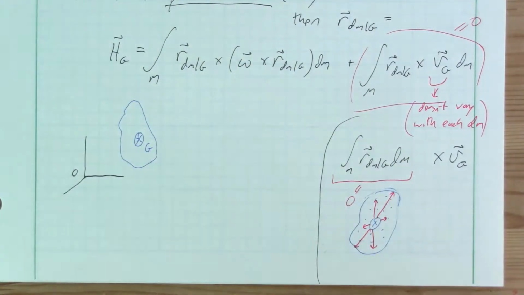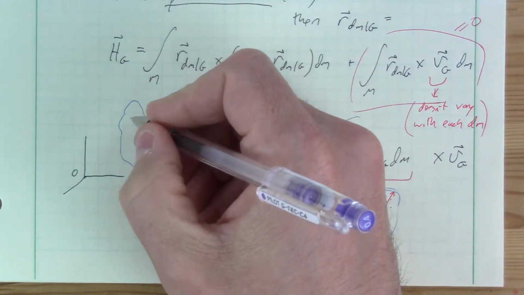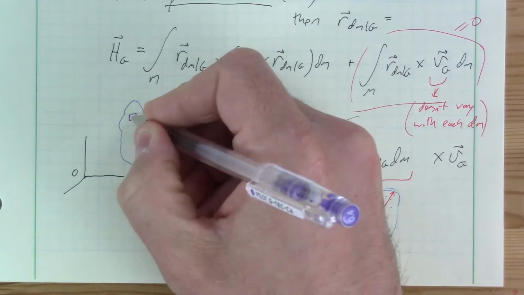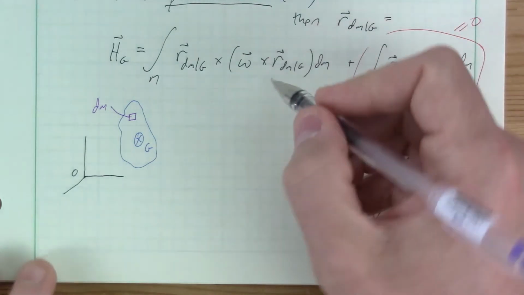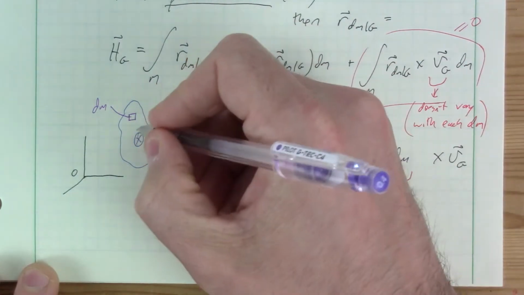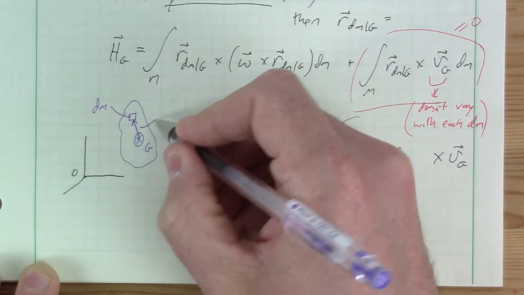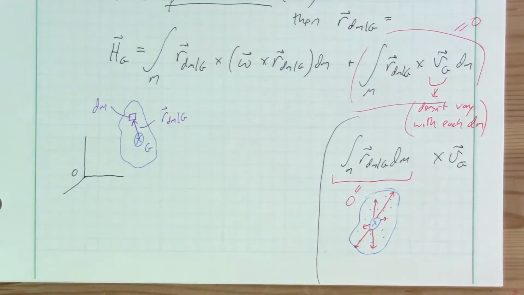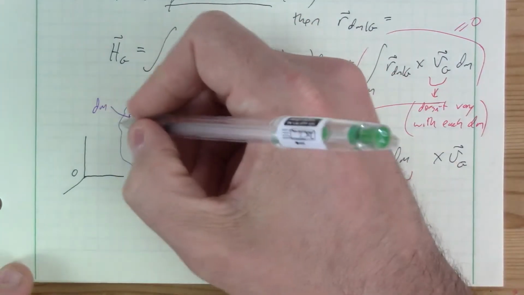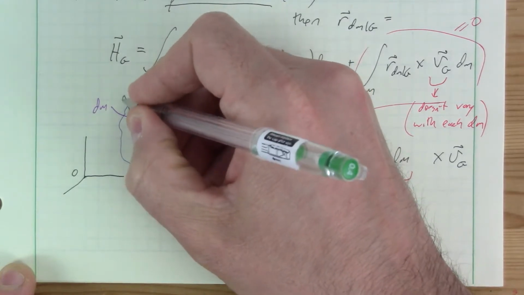Let's actually put in a dm here. The relative position from G to dm is right there. There's r dm from G. That's always going to point in the direction, if we choose to do a tangential, well, or we could do radial.